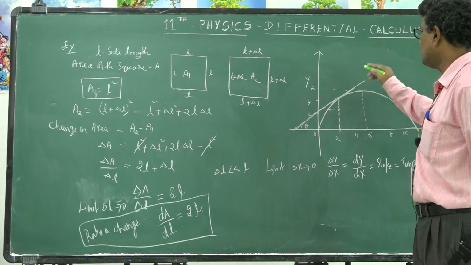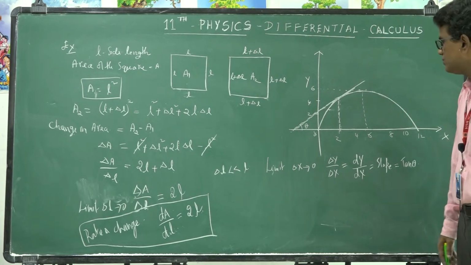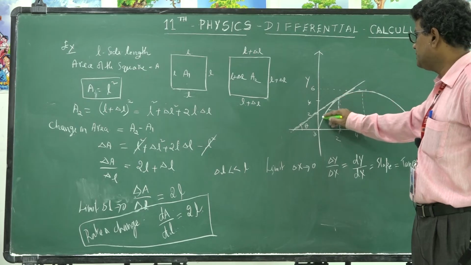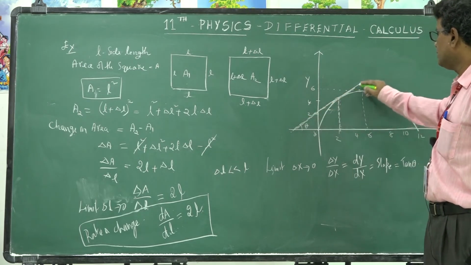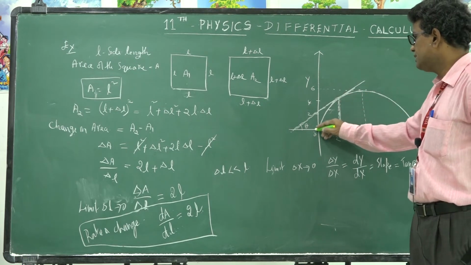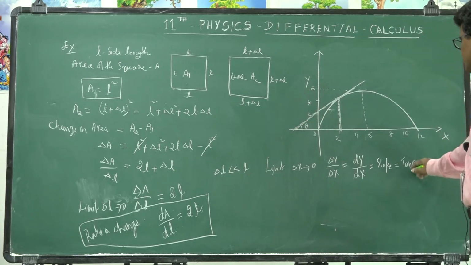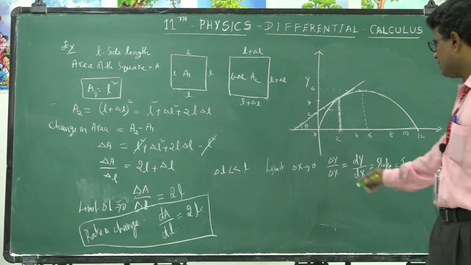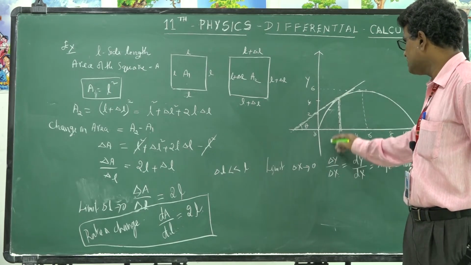I think you know how to draw a slope to the curve. You draw a tangent at a point, and this tangent gives the slope. The y coordinate by the x coordinate gives tan theta. Here delta y by delta x is positive.